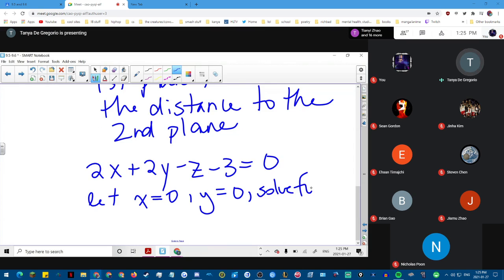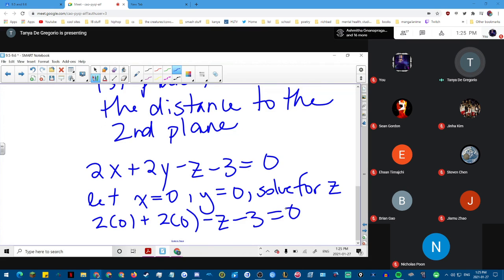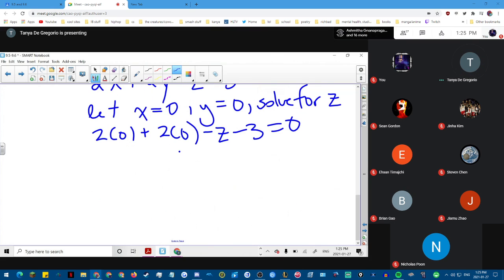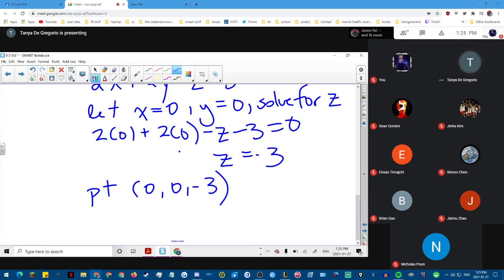But you don't have to do this, right? You can let x and y be whatever you want, or you can solve for x and let y and z be whatever they want. Doesn't matter. All right, so 2 times 0 plus... and so we can very clearly see that z is equal to -3. So that means our point is 0, 0, -3.